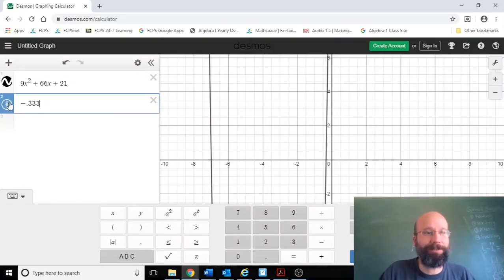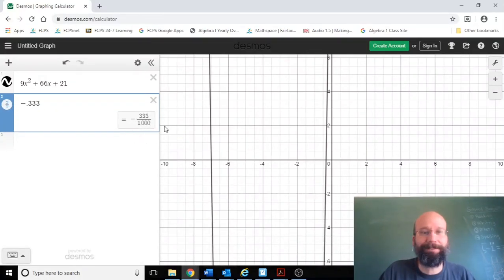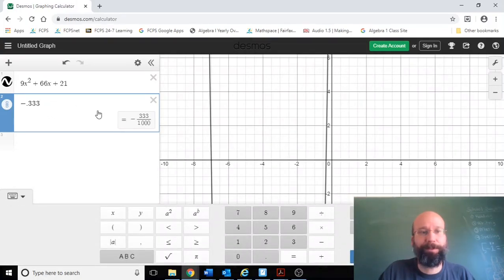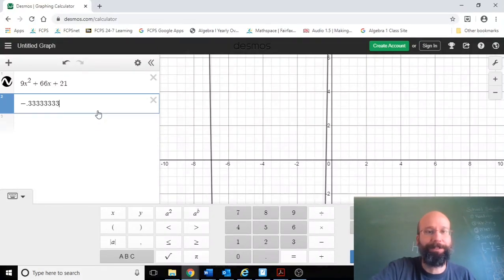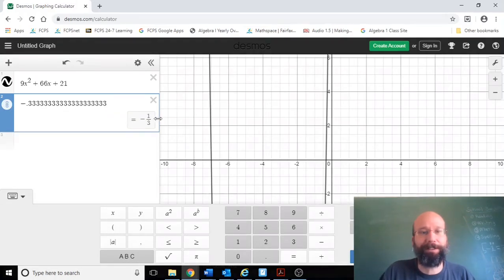If we hit the fraction now, it's going to give us this crazy fraction. This is a problem with Desmos and not doing real math. This is a repeating decimal, and Desmos really doesn't tell you that. But I'm going to put in here, and since I know it's repeating, I'm going to type in 3 until it gives me an actual better fraction.